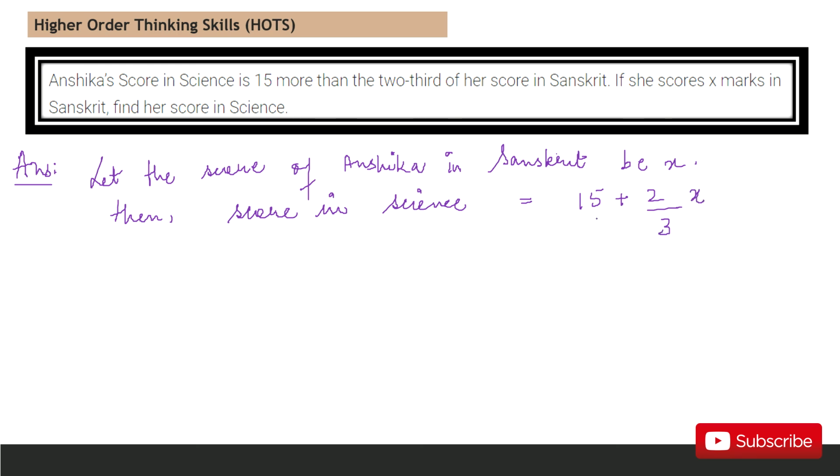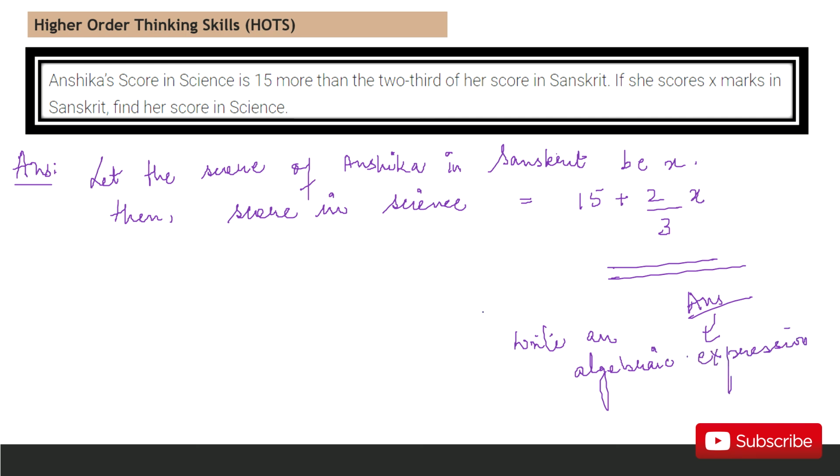How will we find it? We have made an algebraic statement, so that says 15 plus 2 by 3 of x. So we have made an answer to write an algebraic expression.